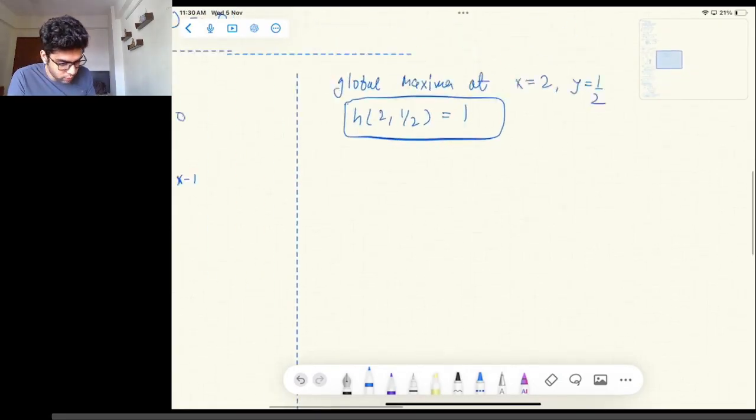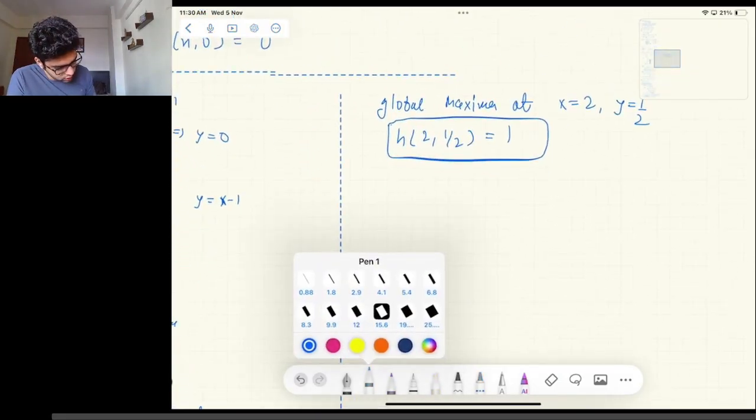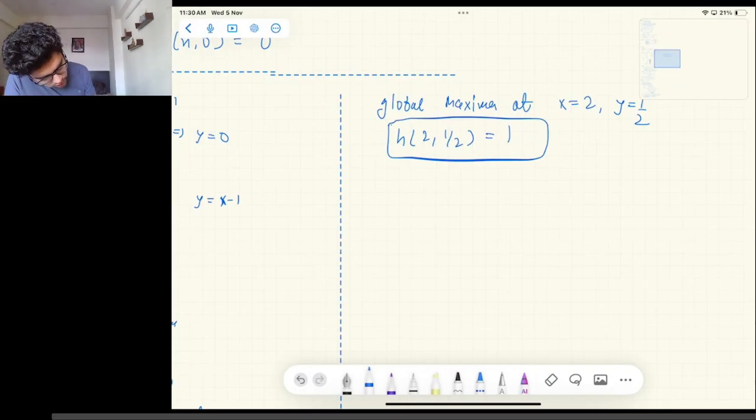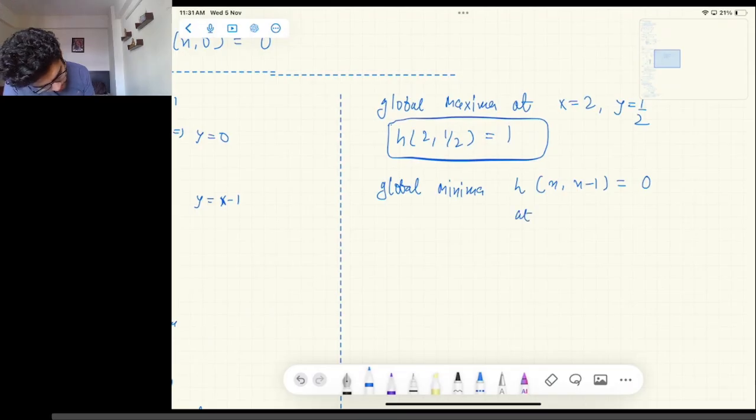So I'm getting 0 on all other points except this point. So global minima: h of x comma x minus 1, which is equal to 0 at all x lying between 1 and 2 and y equals x minus 1.